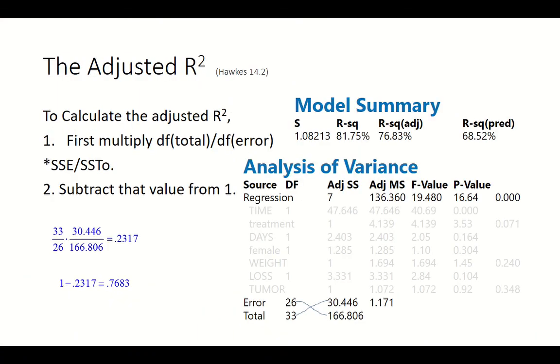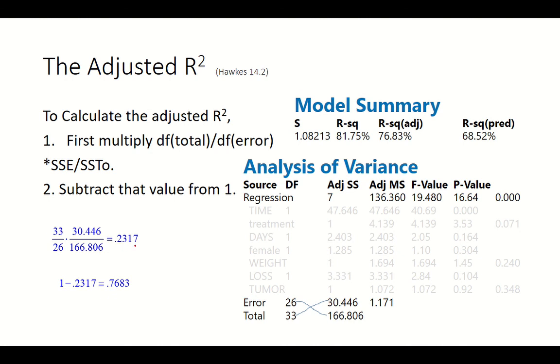Now, I should point out one more thing for the adjusted R squared. You might have done this homework on Hawks in section 14.2. We're not going to make a big deal out of it, but I just want to show you a quick way that you could do it. If you have the analysis of variance table, all you have to do is take the degrees of freedom from error, multiply it by the sum of squares total, divide that by multiplying these degrees of freedom times this sum of square error.